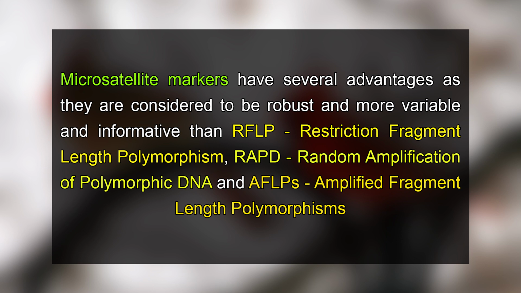Microsatellite markers have several advantages as they are considered to be robust and more variable and informative than RFLPs, RAPD, and AFLPs. Using the technique of polymerase chain reaction, or PCR, they require only low quantities of template DNA.